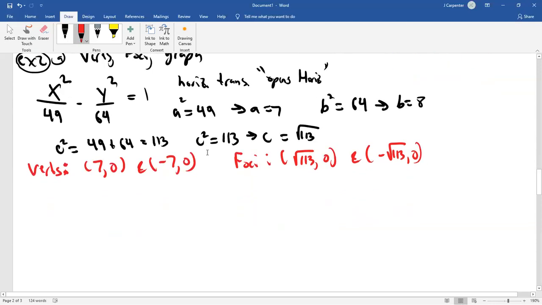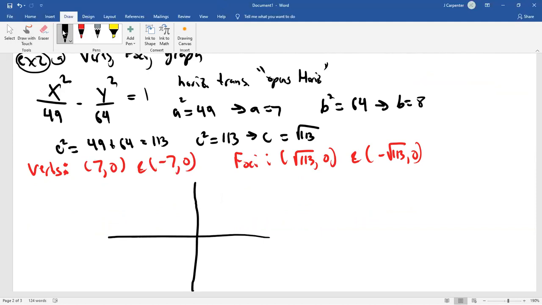So let's start drawing this bad boy. We're opening horizontally, yes. So might need a little more room this way. All right, so the A was on the x-axis, so we got to go left and right 7. I'm not going to mark every single number.